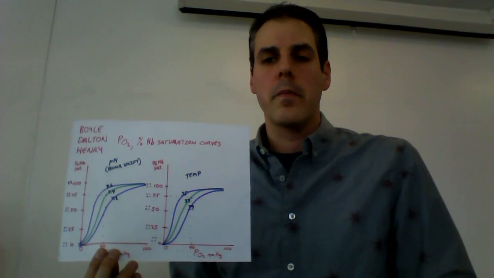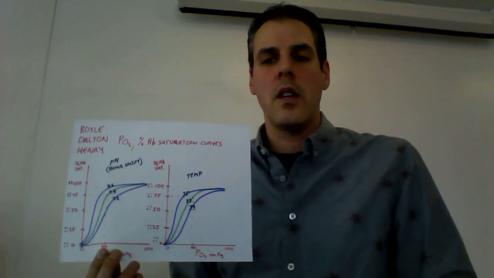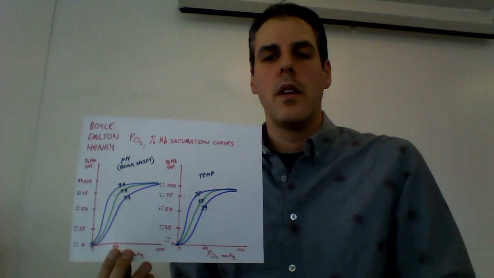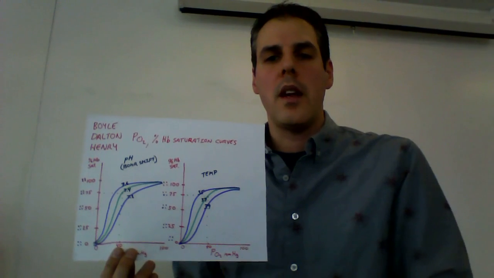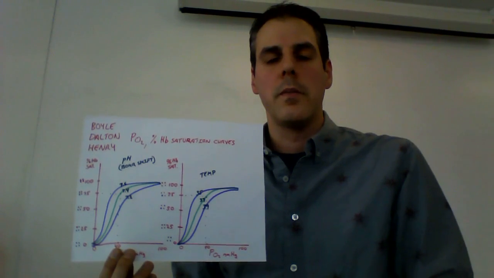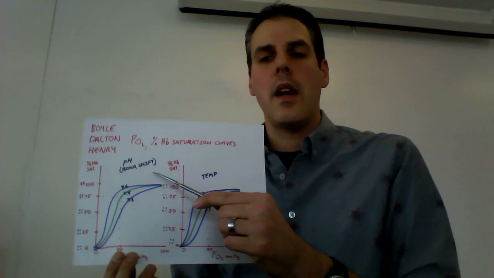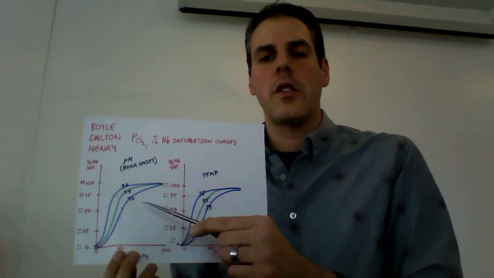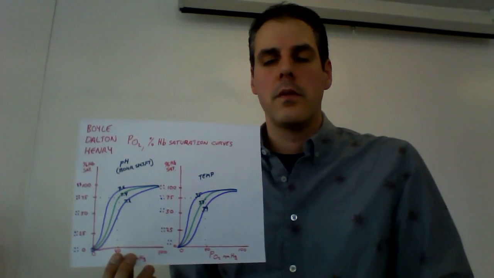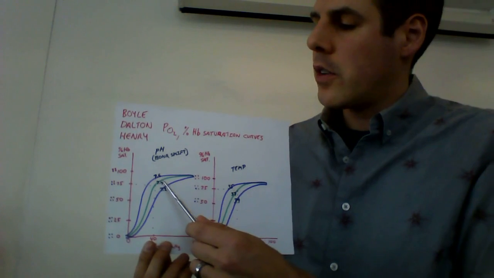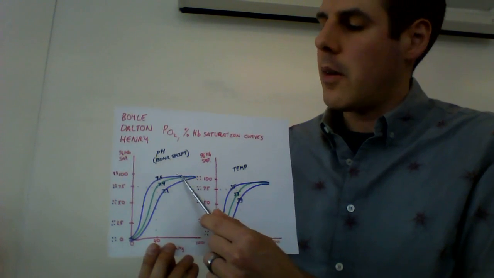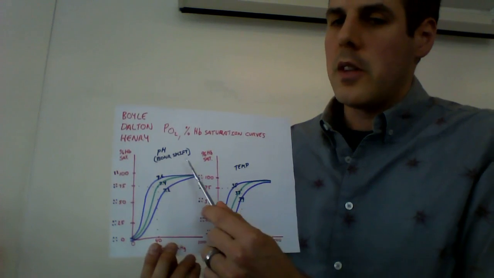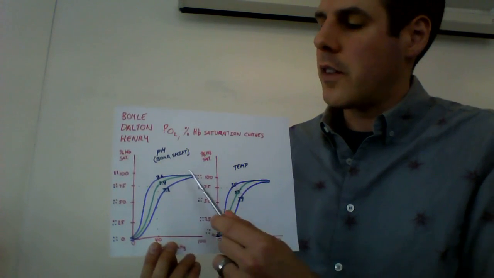Another thing that can change how hemoglobin behaves is temperature, and pH also affects how hemoglobin behaves. Okay. Changes in pH can shift these curves around. It's called a Bohr shift. And so if you're starting to hyperventilate and your pH starts to go up, up, up, you see how it shifts the curve left. When it shifts the curve left, it's called a Bohr shift left.